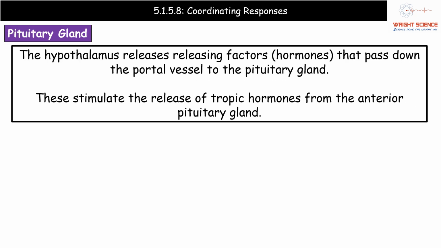It is worth remembering that when we talk about the hormonal action, it's not just adrenaline. The hypothalamus is also going to release certain hormones called releasing factors that pass down the portal vessel to the pituitary gland. As a result of those hormones passing down to the pituitary gland, we then see the release of these tropic hormones from the anterior pituitary.